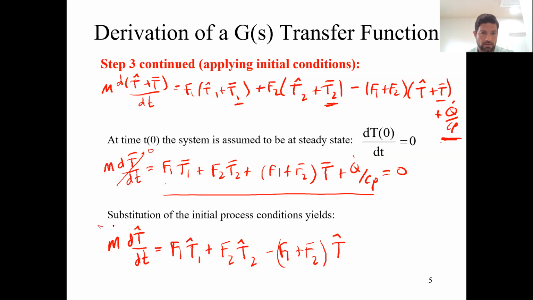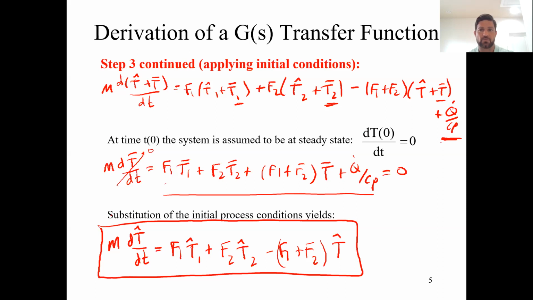So this right here now gives me my equation, again, written in terms of deviation variables. It looks like what I did is I just canceled out these terms. I didn't cancel out these terms. What I did is I know that the summation of these four terms equals 0.